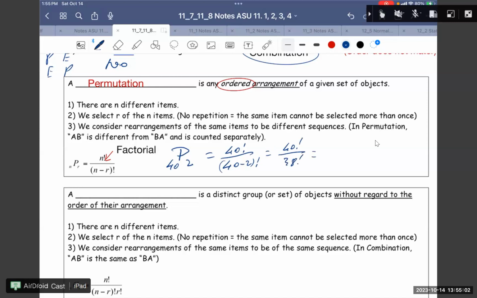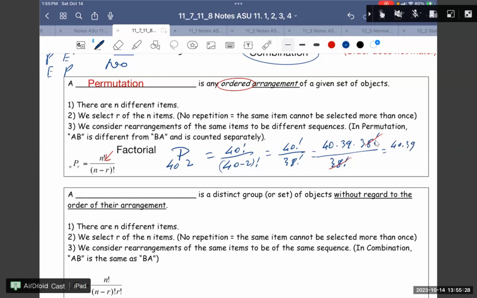Factorial means 40 times 39 times 38 factorial, and then this one 38 factorial. So you see this factorial is gone. So now we got 40 times 39.